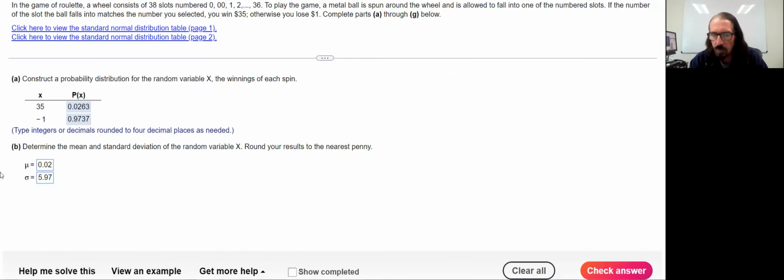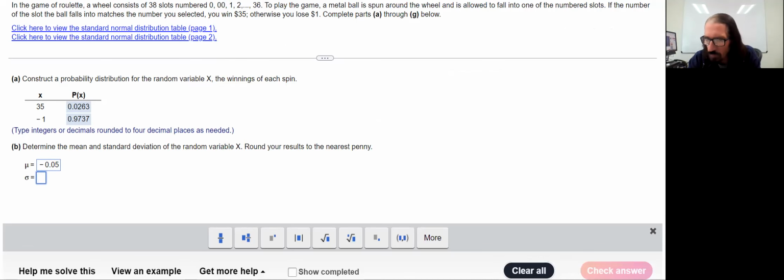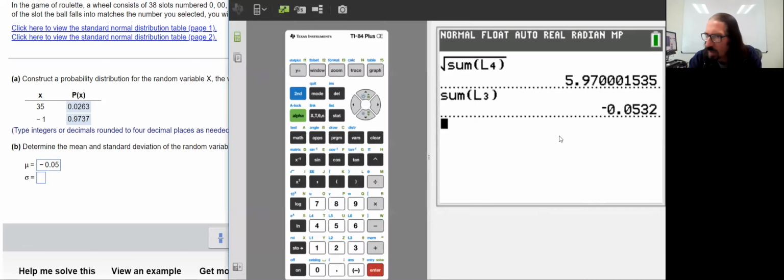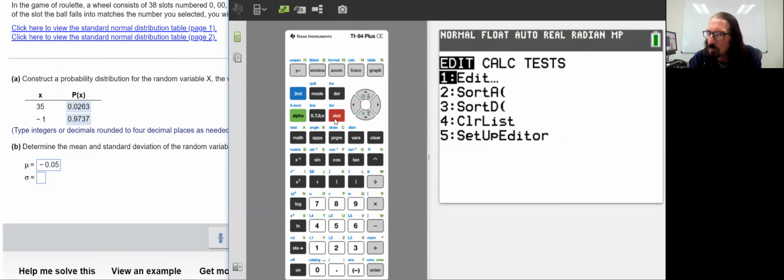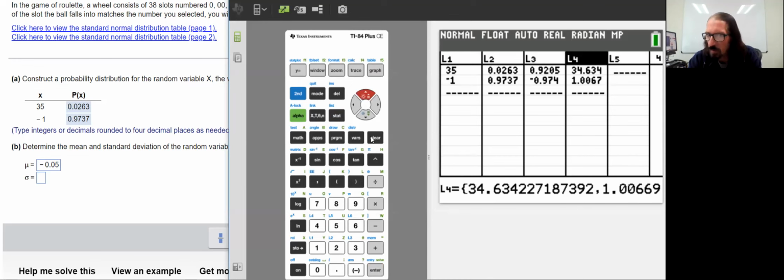Okay, to the nearest penny, negative 0.05. Kind of makes sense. Lose more often, greater chance of losing. And without the rounding, negative 0.0532. Clear that out.